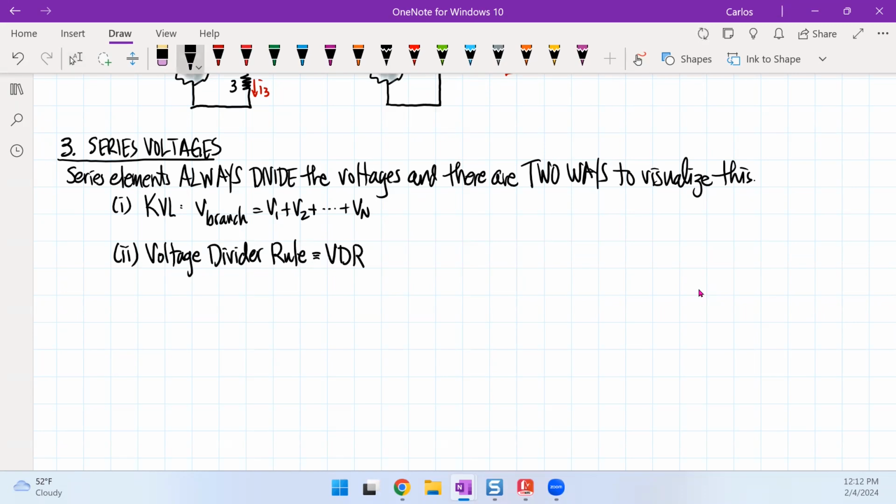It says that the voltage of the nth resistor is equal to the nth resistor divided by the series resistance, times the branch voltage. The vast majority of the time, okay, so this is a big one right here.